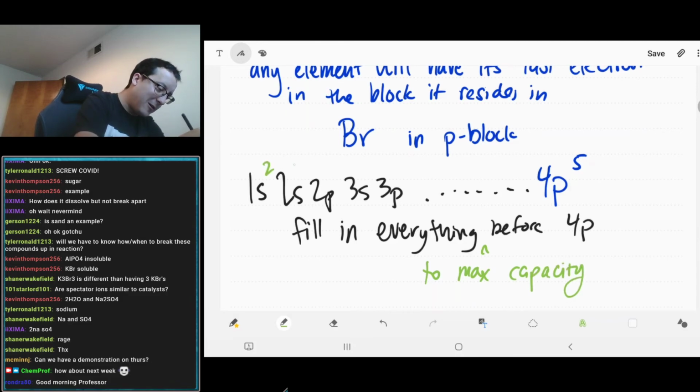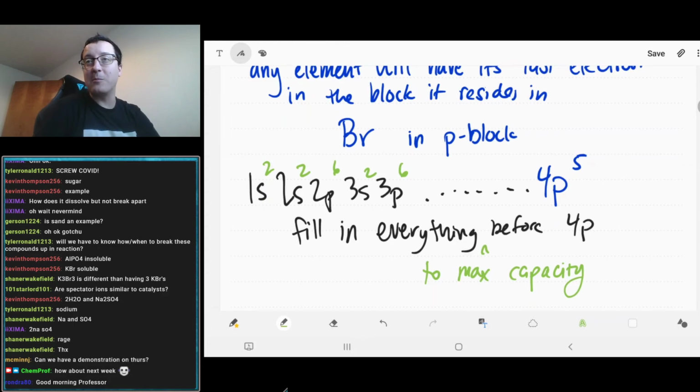And so we know our S subshells can all hold 2 electrons. The P's can all hold 6 maximum. We just have to fill in everything up to maximum until we get to where bromine is in the periodic table. Okay?